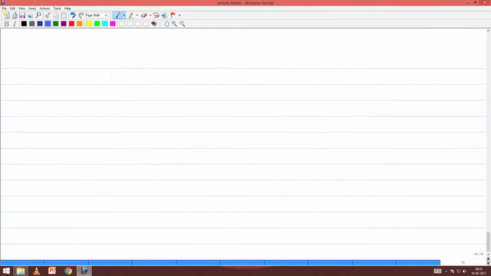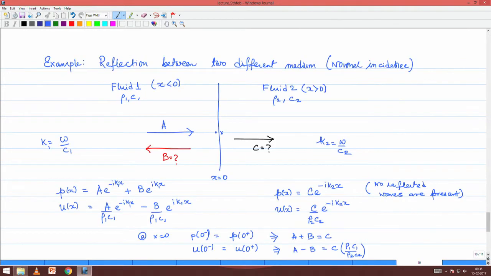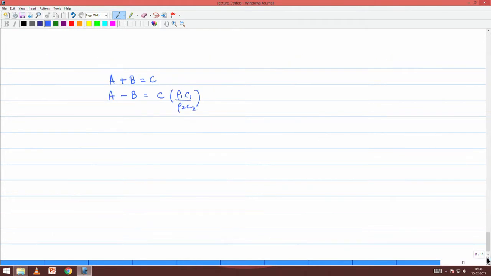So, let us write this down once again. What we are looking to solve is A plus B equals C, and A minus B equals C times rho 1 c 1 divided by rho 2 c 2. The solution of this is fairly simple. Then it becomes 2A equals C into 1 plus rho 1 c 1 divided by rho 2 c 2.